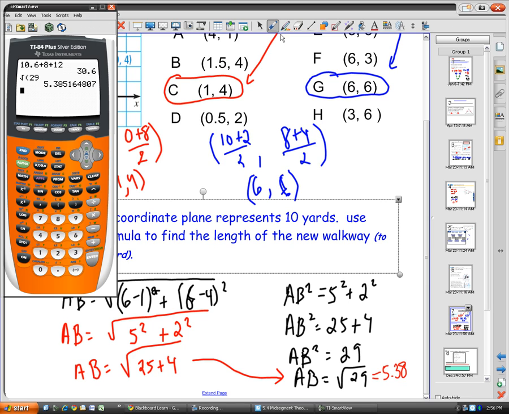But they said each point, so there's 5.38 little squares. If I multiply that by 10, because that would be how many yards it is, it would be 53.8 as my final answer. 53.8 yards, and to the nearest whole yard, I would say 54 yards would be the actual length of that path that we're talking about.